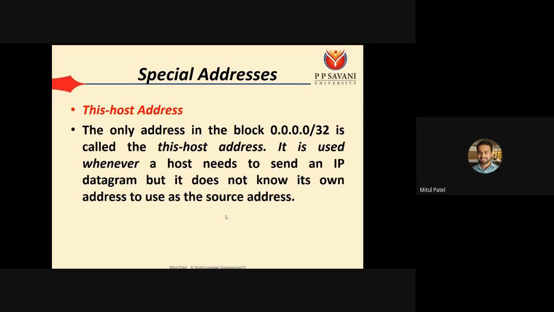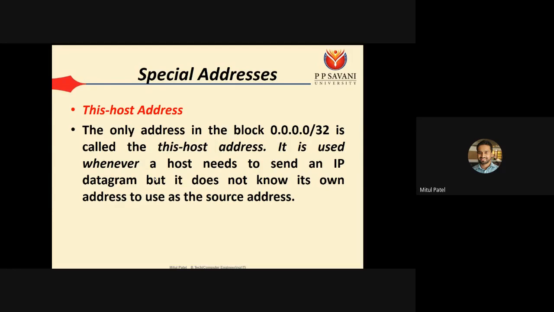For example, suppose whenever a host needs to send an IP datagram, suppose some source wants to send some data, and it does not know its own IP address. When a host does not know its own IP address, at that time it can set the source IP address as 0.0.0.0/32. Okay, so this is known as the this host address.